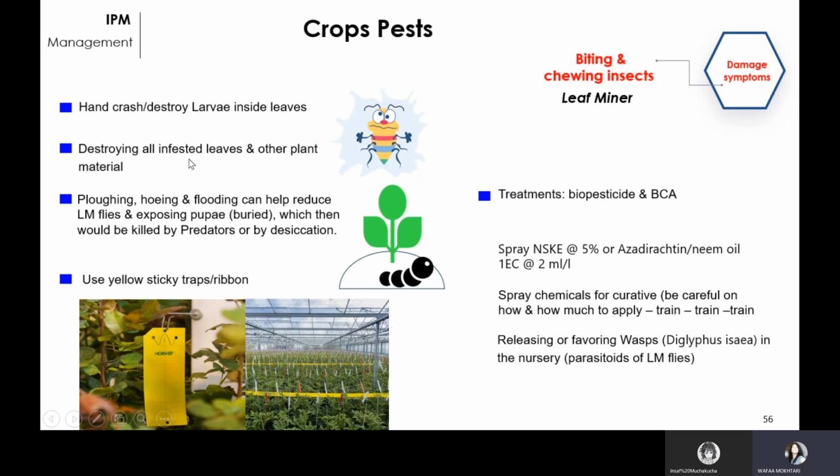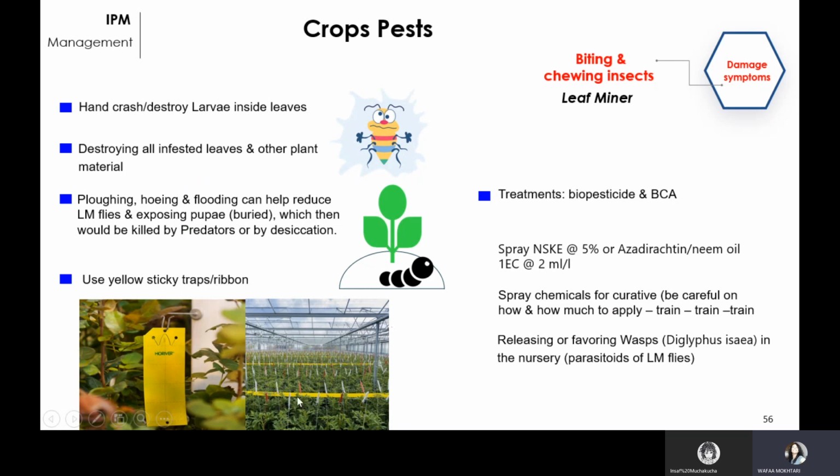You may destroy all infested leaves and other plant material, and this is really important. You may do tillage, ploughing, hoeing, flooding. This can help reduce the leaf miner flies and expose the pupa, which is buried. Okay, and then it will be killed by predators.